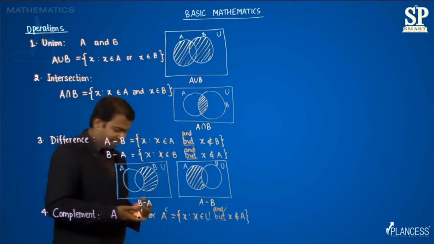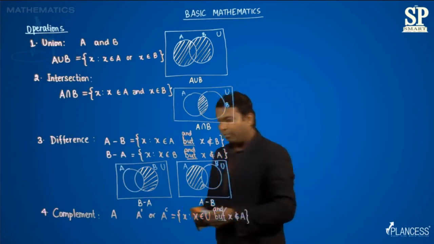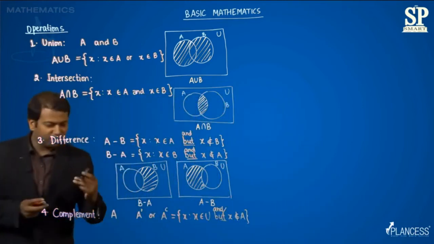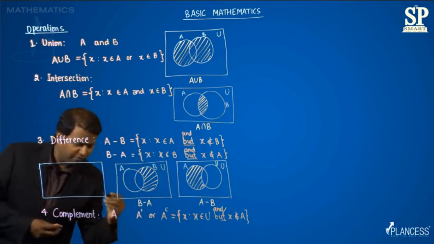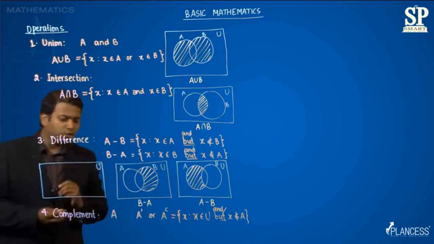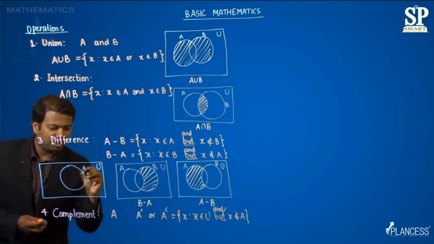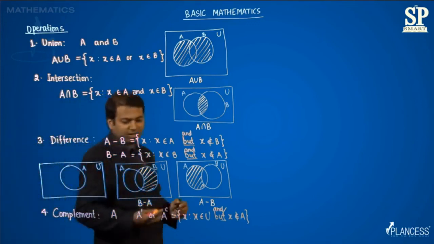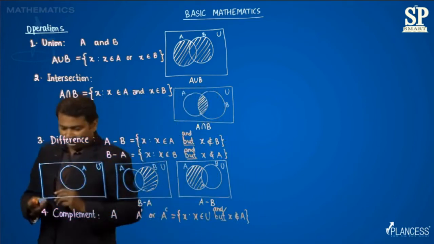So in this case, if you want to do the same thing using a Venn diagram, you want to represent A complement. Let us try and see what it looks like. So here we have a set U, which is the universal set, and now that we need only one set A, let us represent A only, and there is no other set.